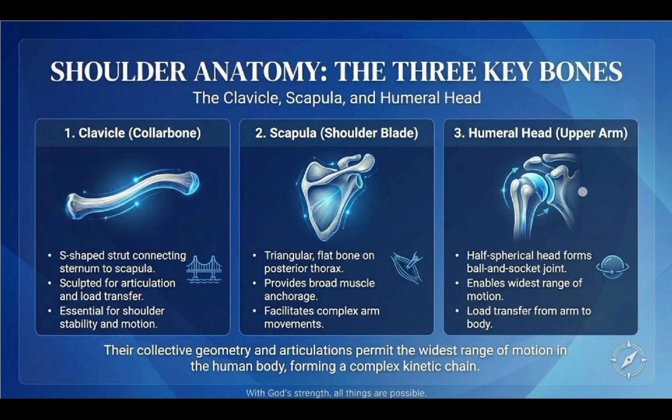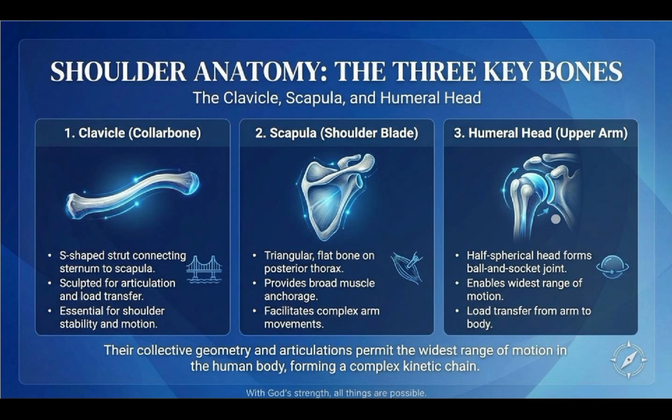So what is circumduction? Make sure you are following my anatomy playlist so that you do not miss the road. Circumduction is when we are exhibiting flexion, extension, abduction, and adduction. When you are exhibiting this full motion at a time, we call it circumduction. So it enables wider range of motion and load transfer from the arm to the body.